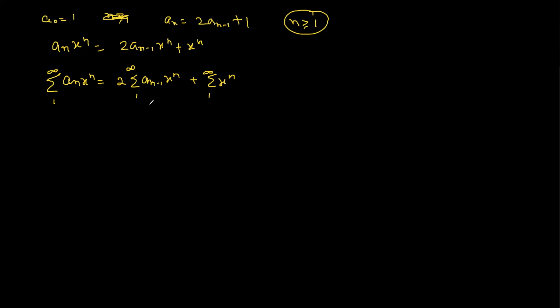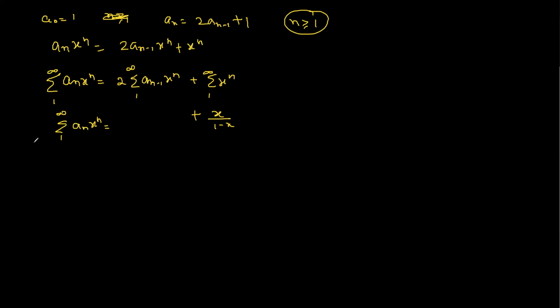Now see, this is x by 1. n is not even here, that's why I'm not touching that. See, here n minus 1 is there. Here only n is there.